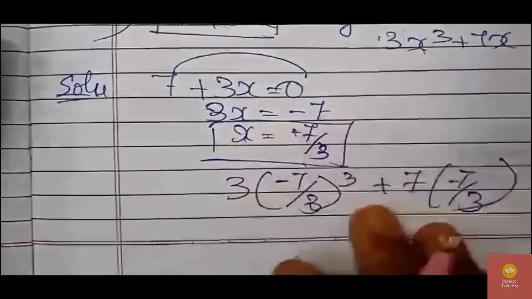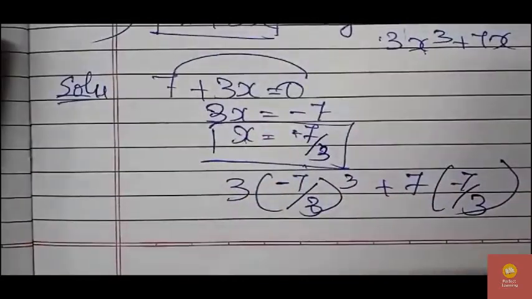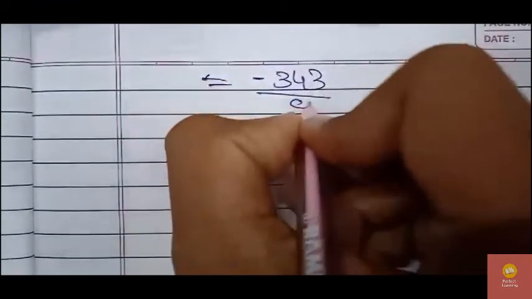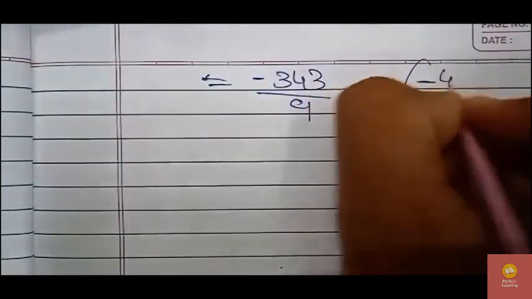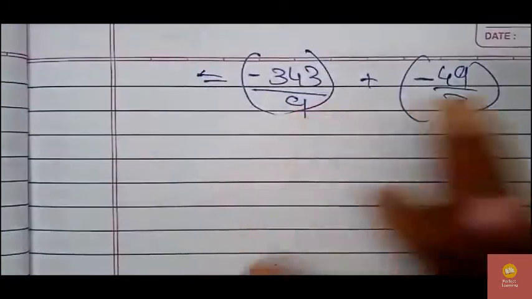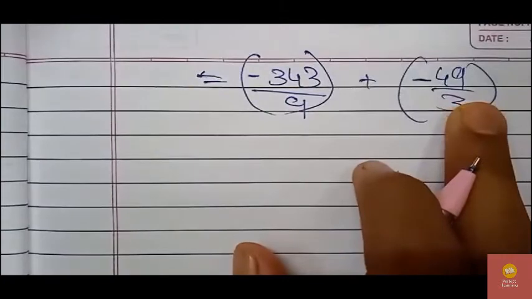Okay, this is the equation. Further solving, after multiplying, it will become minus 343 by 9 plus minus 49 by 3. Okay, after multiplying, the answer will become like this.